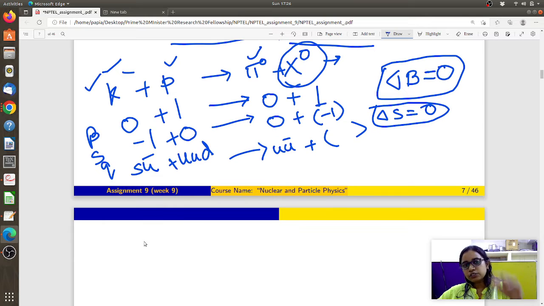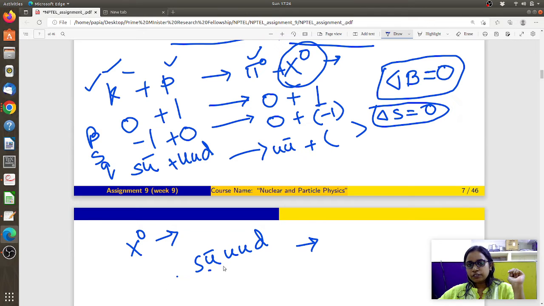What should I do for knowing the quark content of X0? We can do one thing. On the left side, the total quark content is s u bar u d. If you cancel u bar u, it becomes s u d.